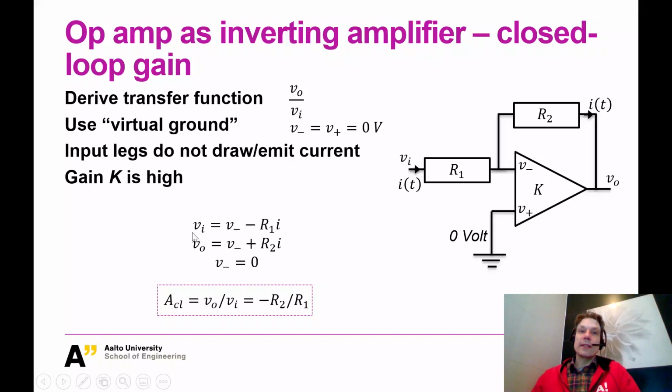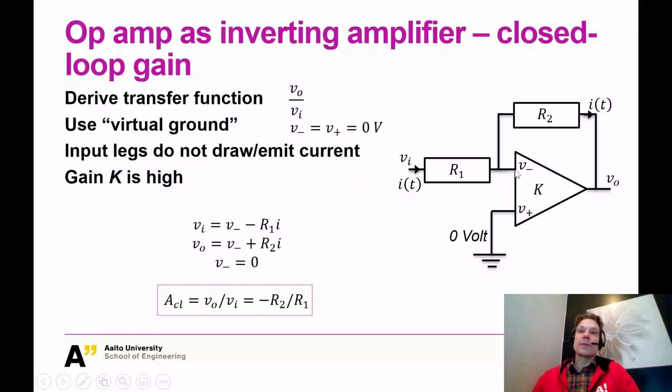We can calculate the current, which is derived from the equation. So input voltage has to be this voltage minus resistance 1 times the current. And now this voltage happens to be 0 because the V plus is zeroed. The output voltage is derived similarly.